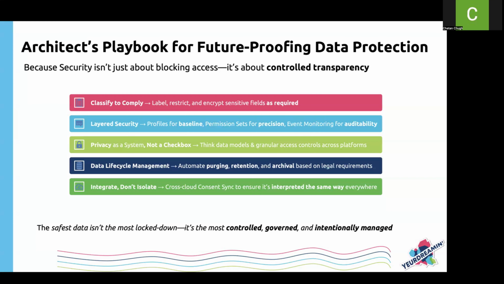So those are the important things to keep in mind because, simply said, it's not the most locked-down system that would be the basis of your architecture. It's the most governed and most intentionally managed one that can form the basis of your architecture in terms of data privacy and compliance.